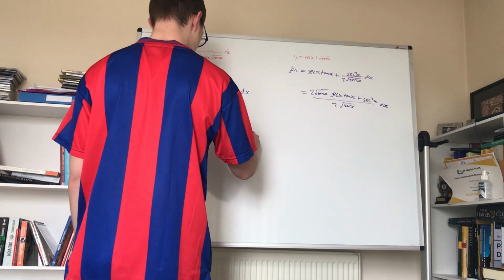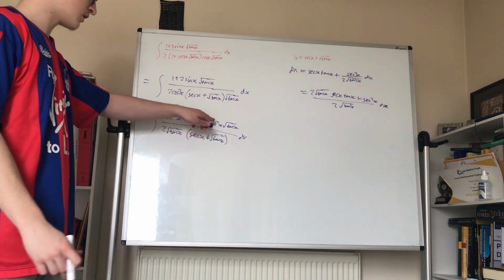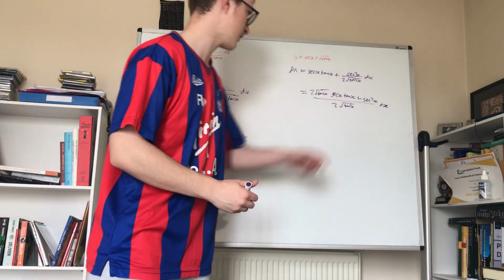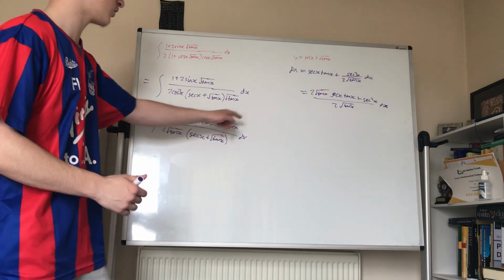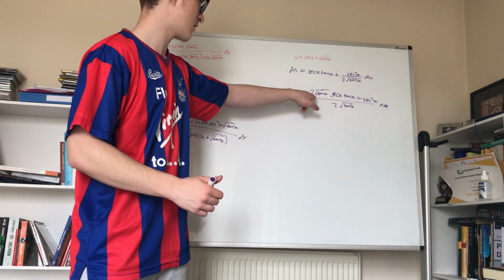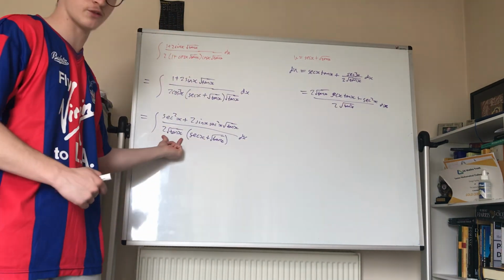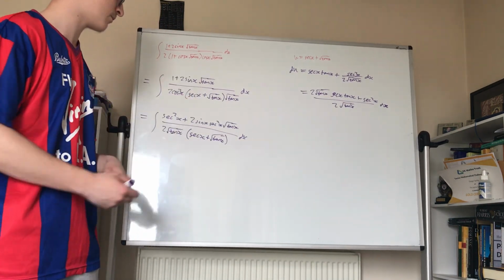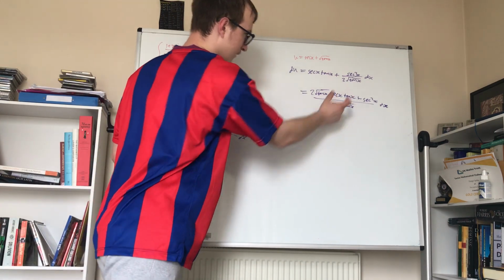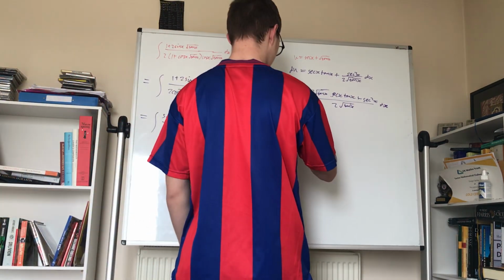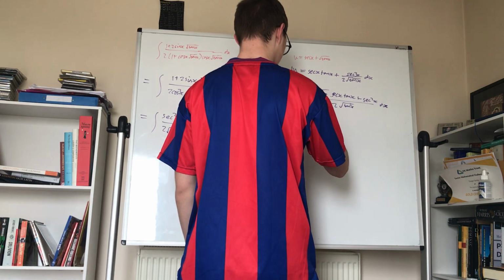Now, because we've got the sec squared x here, and we've got the 2 root tan x on the bottom as well, this is looking good, but we're just missing a term. So we're going to have to rearrange this 2 sine x sec squared x.